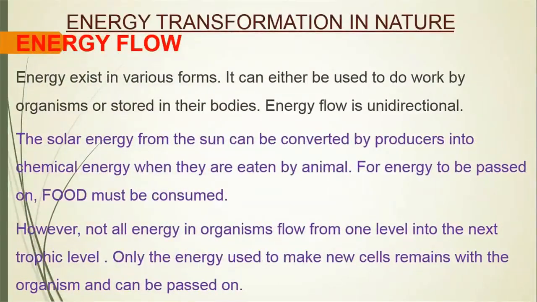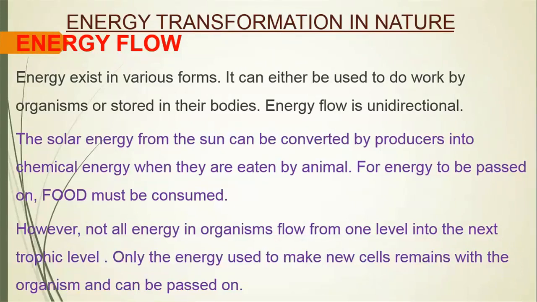So let's talk about energy transformation in nature. We are going to be looking at energy flow. Now, energy exists in various forms in nature. We can have chemical energy, solar energy, nuclear energy, mechanical energy, electrical energy, and so many more.